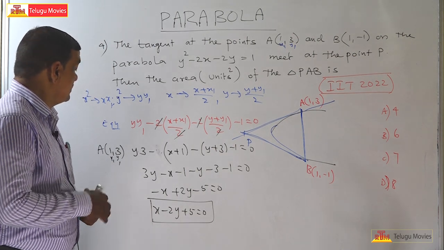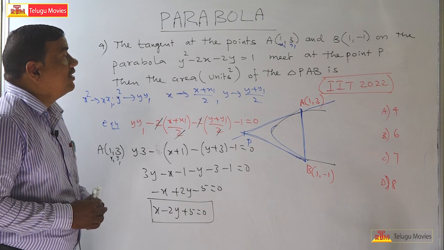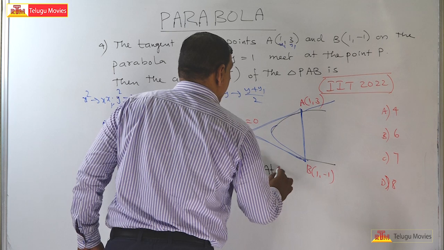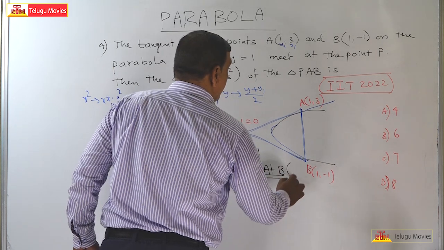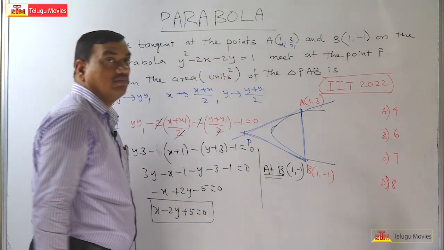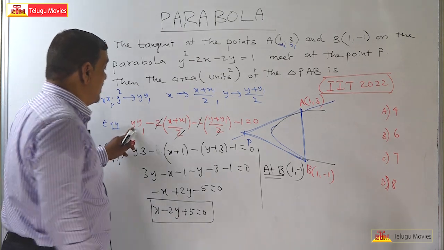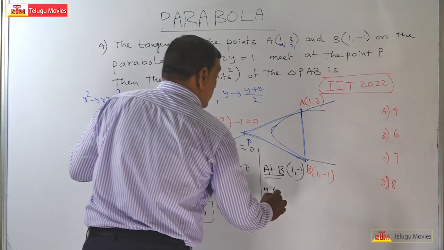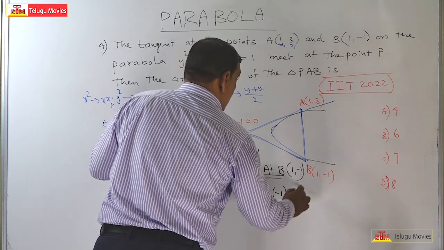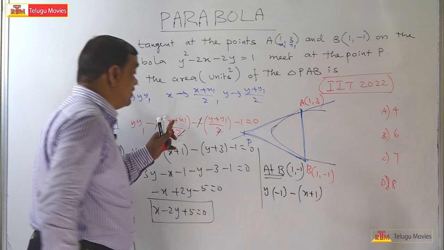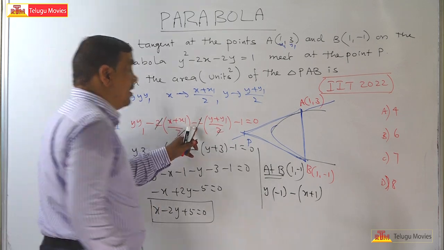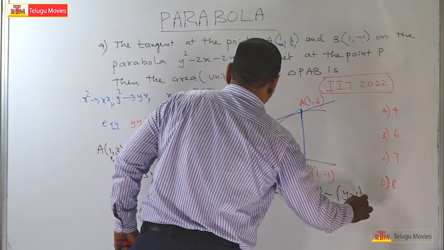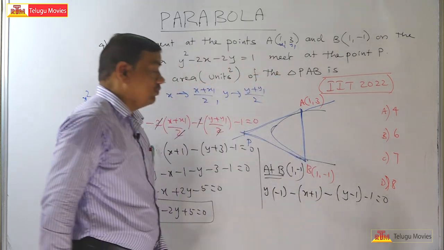Okay, let us calculate the equation of the tangent at B. What is the B value? 1 comma minus 1. Substitute here: y1 value is minus 1, so minus y, minus x plus x1 value 1, minus y plus y1, y1 value minus 1, minus 1 is equal to 0.